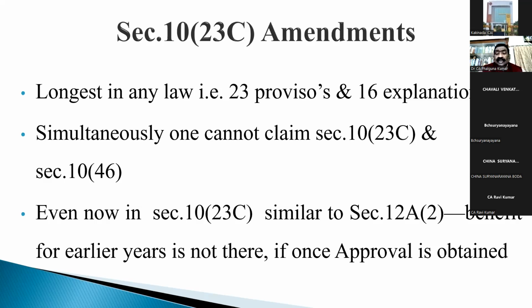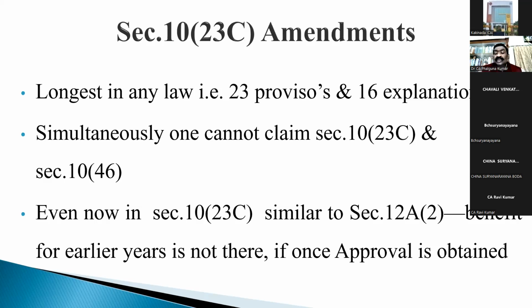And then 10(23C) and 12A are similar, as I told you, but only one difference is there. Even now, I have searched, I could not find the answer. So what is the difference? In the 2014 Finance Act, they brought one beautiful amendment, the most assessee-favorable amendment.